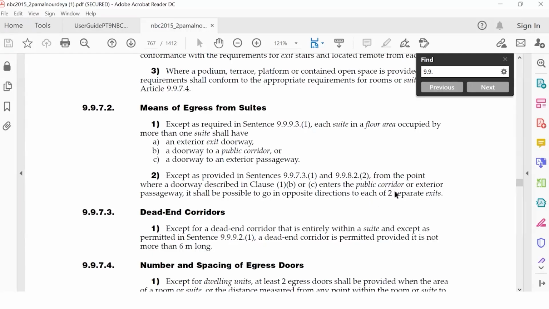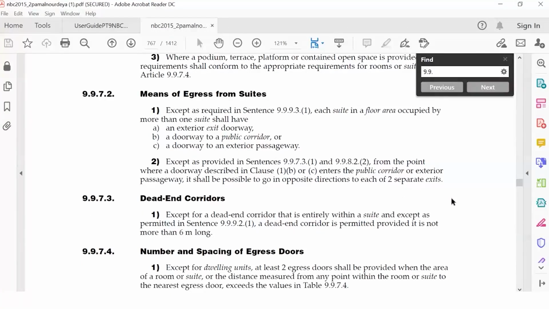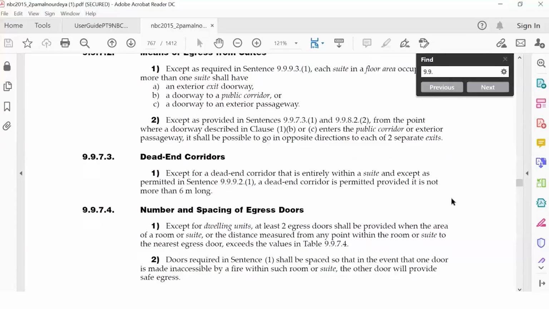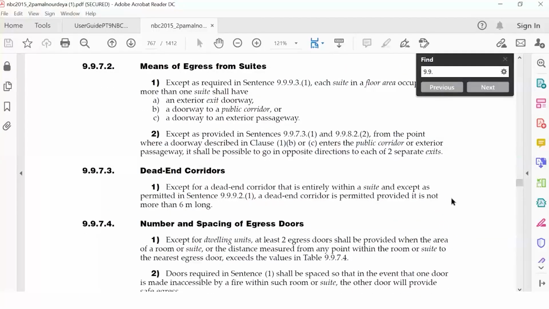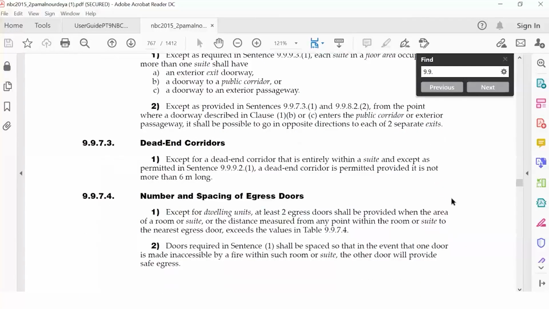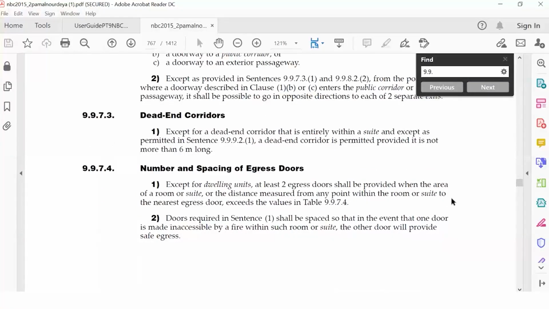And when you do that, they also need to lead you in opposite directions to two separate exits. So these are the provisions for means of egress from suites. Dead-end corridors: except for dead-end corridors entirely within a suite, and except as permitted in 99921, a dead-end corridor is permitted provided it's not more than 6 meters long.